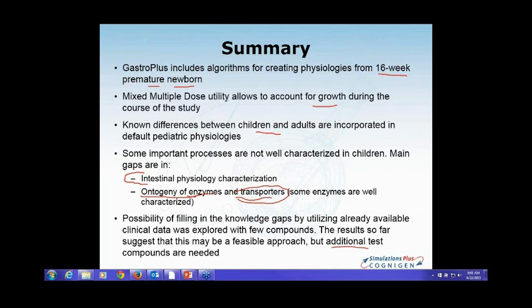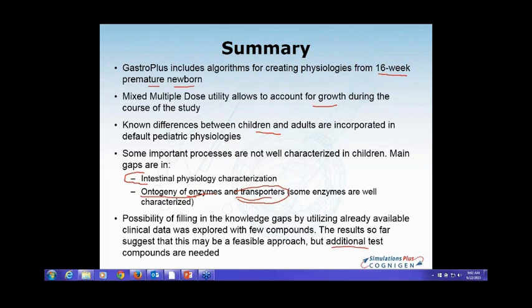So the blood to plasma ratio is really mainly the hematocrit. It accounts for how the proportion of the drug in whole blood versus only in plasma would be affected by changes in the binding to red blood cells. For binding to protein, we then have the fraction unbound in plasma.